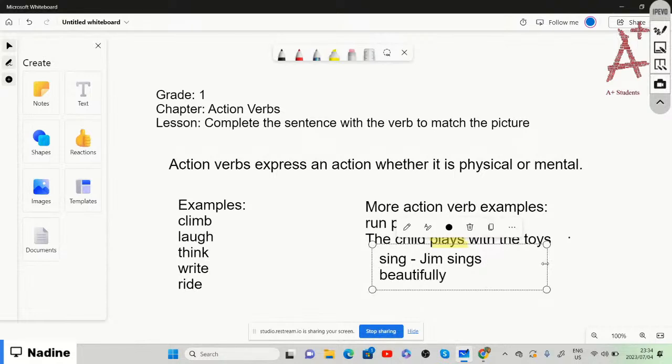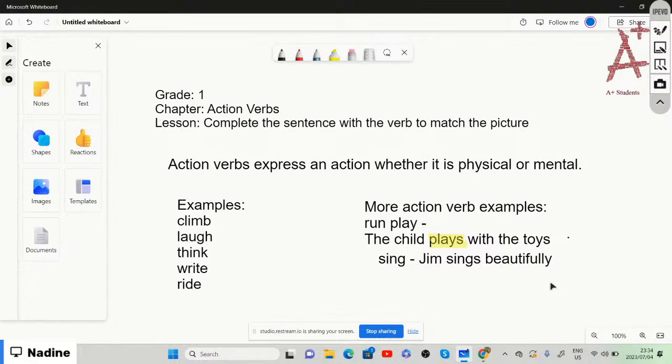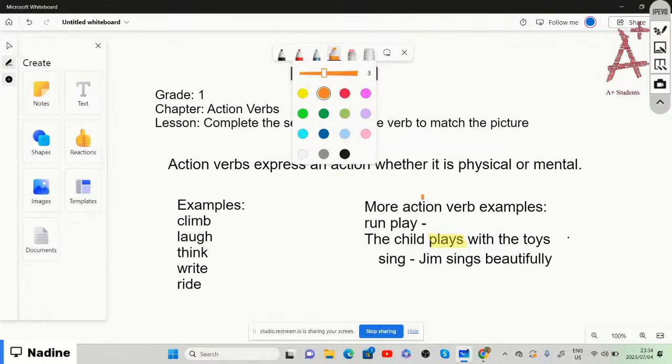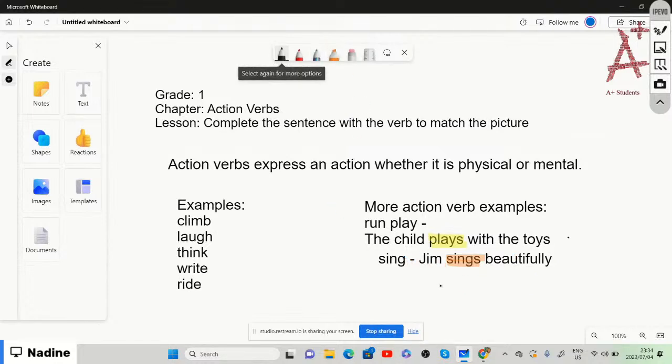So if we were to identify the action verb within that sentence, then we can say that sings is the action, right? Sings is the action within that sentence. So Jim sings beautifully, right?